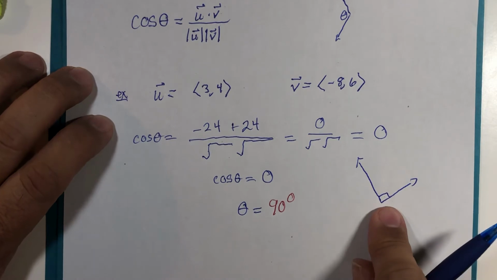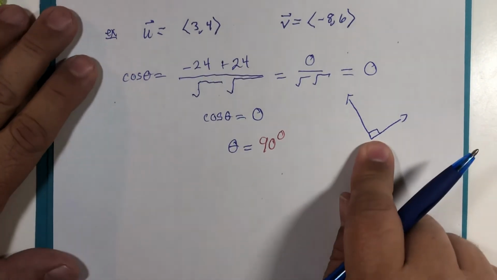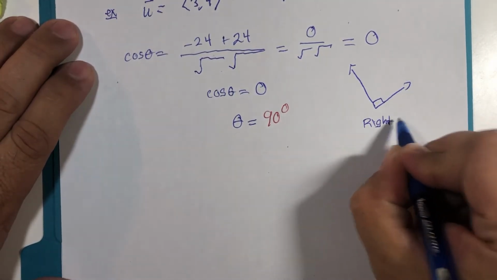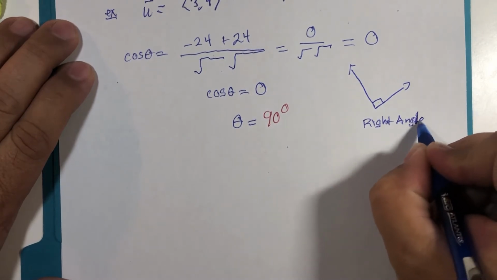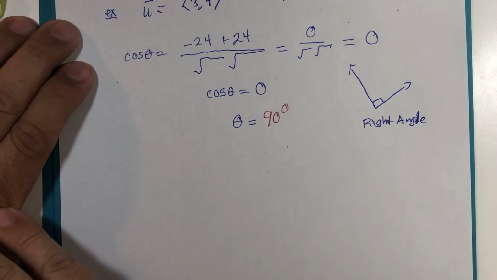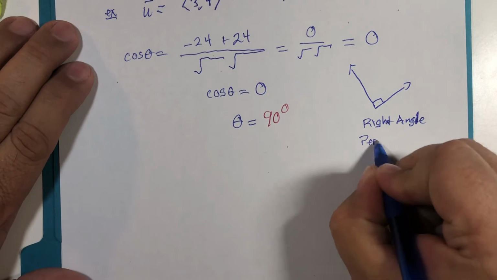Now that little box there is from our days in geometry. We would have called that a right angle. Not angel, angle. We would have said that those vectors were perpendicular.